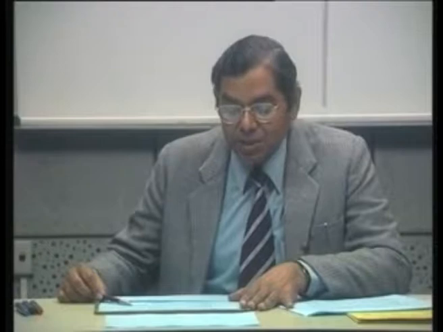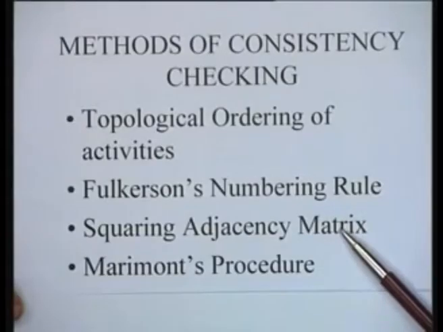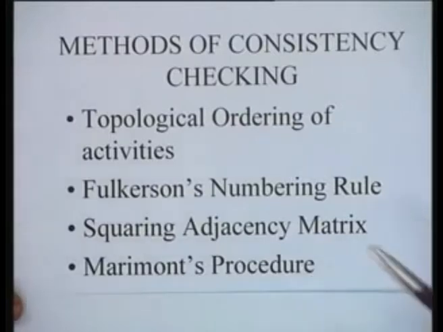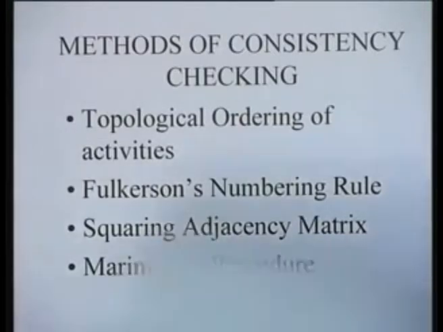So at that stage it is useful. If you are not dealing with either the list or the project network, but you are dealing with the adjacency matrix of the graph, then this third method is very useful. And the fourth method can be used on both the adjacency matrix as well as the network, as we have seen.